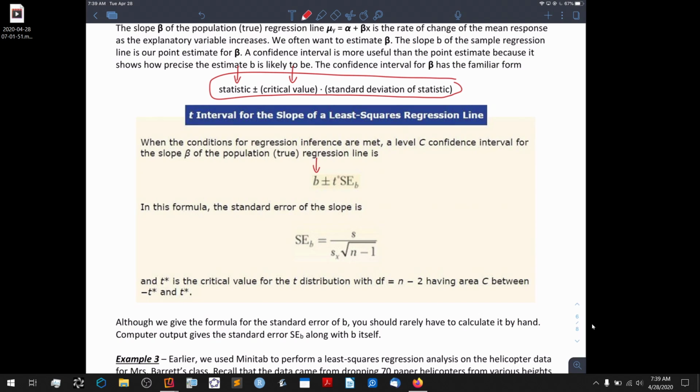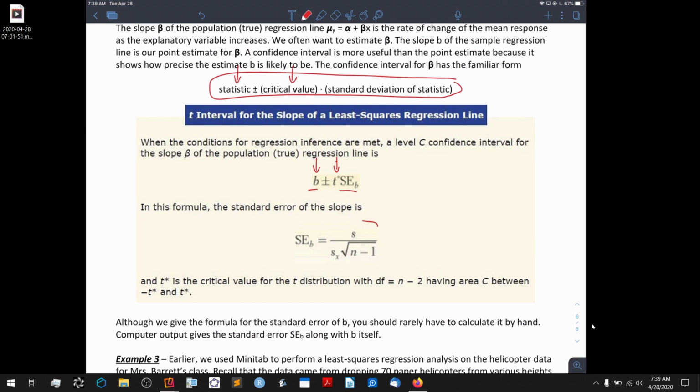So the other T procedures were one sample or two sample procedures for estimating a mean. Okay, so those were T procedures as well. So it's the sample slope plus or minus t star, which is based on your confidence level, times the standard error of the slope. Okay, standard error of the slope.